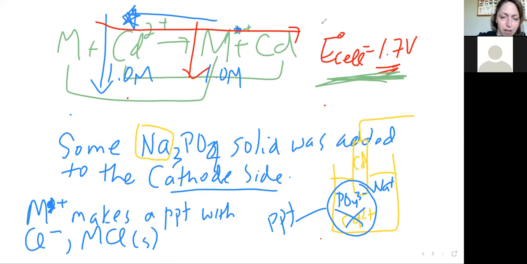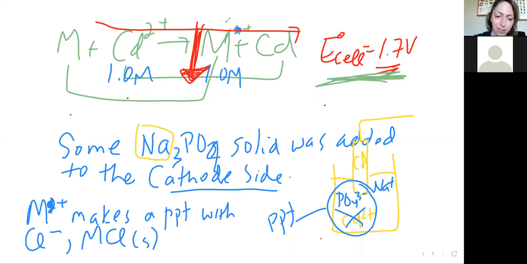Okay, so while we're at it, I'm kind of going off of what you guys were asking about number 16 a minute ago. So I'm just going to get rid of this. If we did the part that's in red there, just to review, what you would see there is what would happen to Q. As soon as you lowered the M+ by adding Cl- and making a precipitate, Q would lower, right?